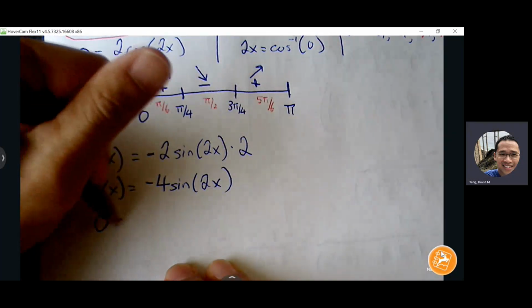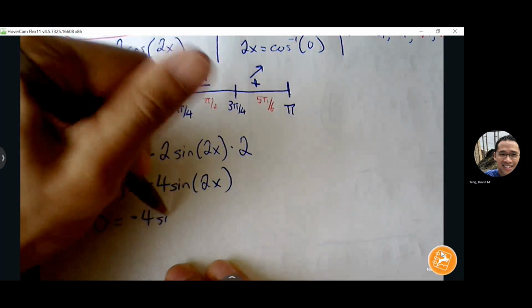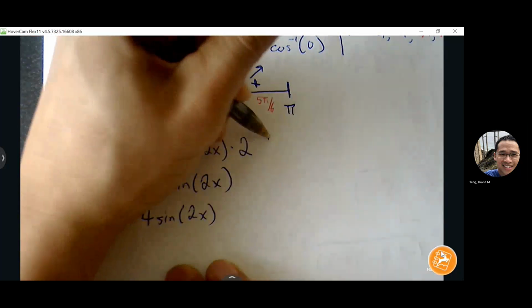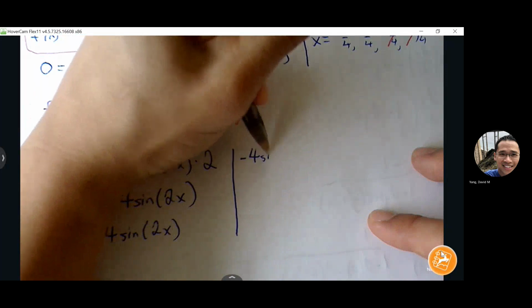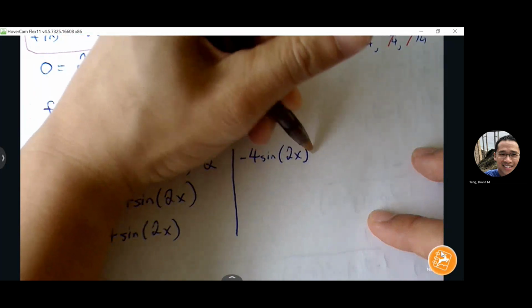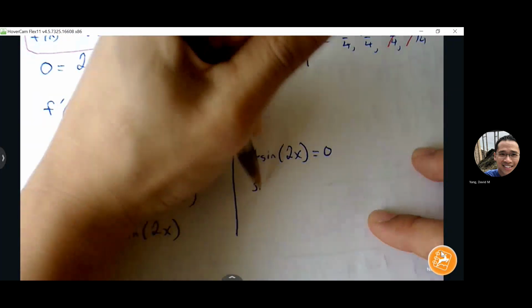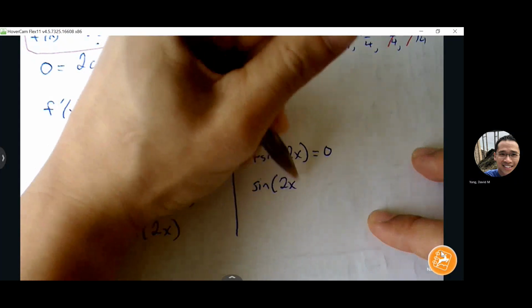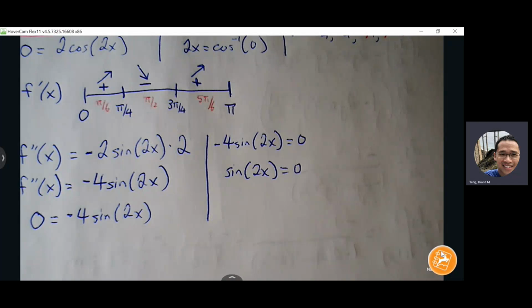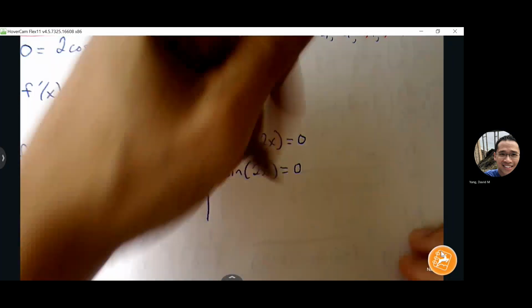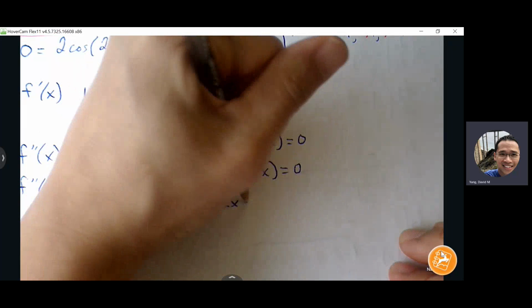Set equal to 0. Divide by -4. Rather not deal with identities here. I'm just going to involve inverse sine, go from there.